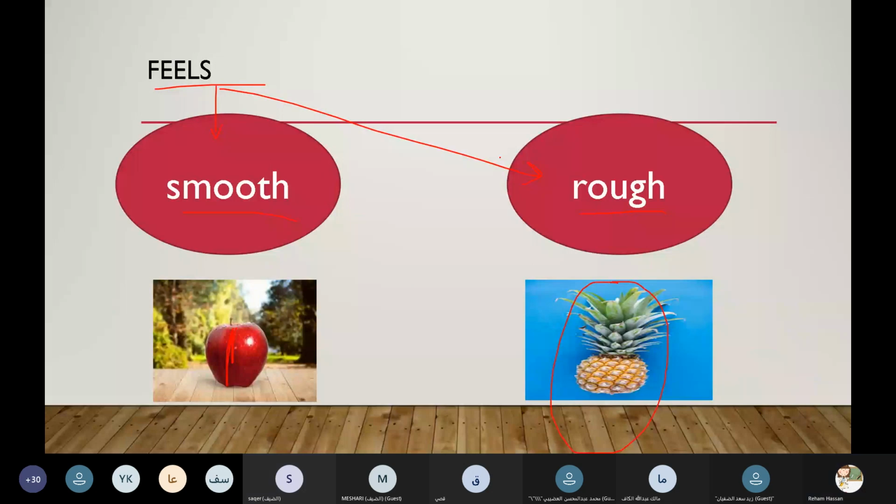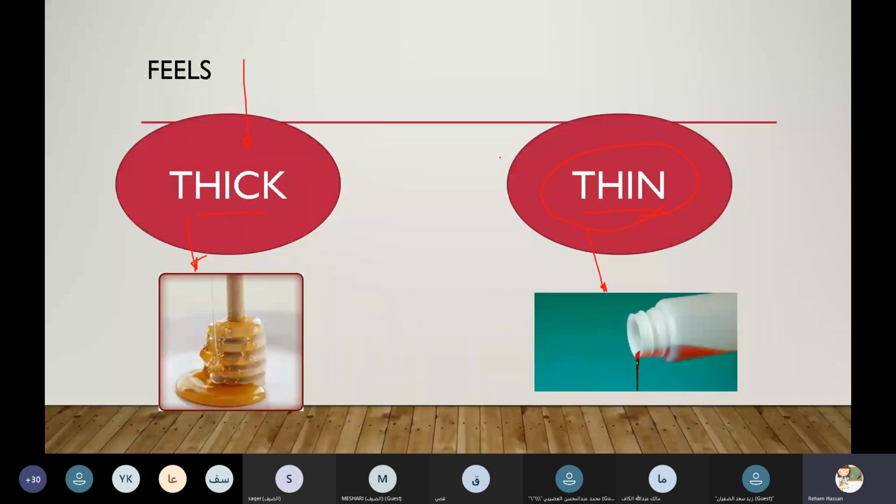Yes, Muhammad Ahmed? I am Yasser. Yes, wait, honey, wait just. Some liquid, yes. Muhammad Ahmed. Yes, teacher. Yes, honey. What about some liquids that feel like honey, thick or thin? Thick. And others like the water and like the juice feel?